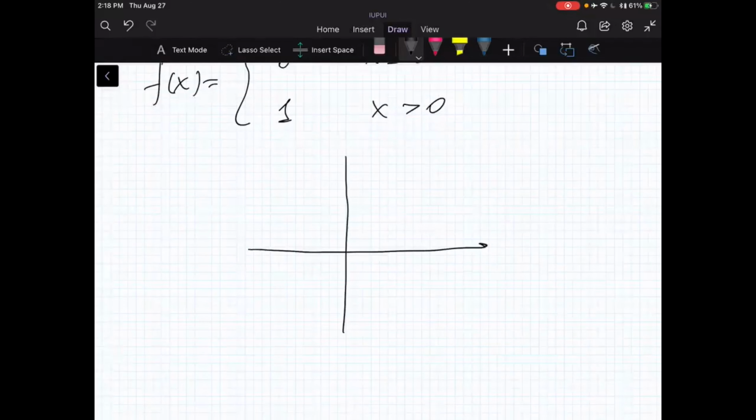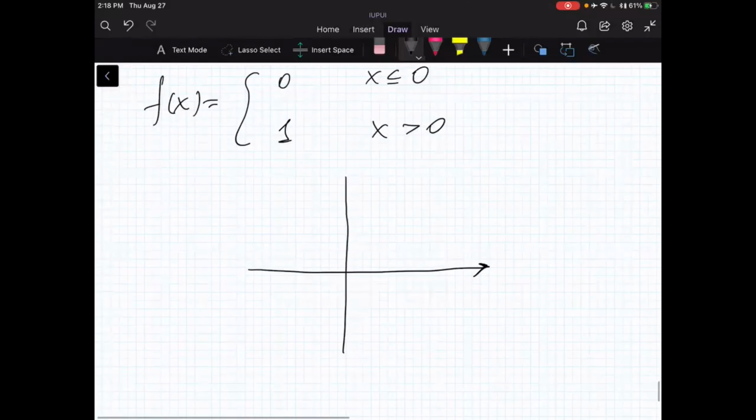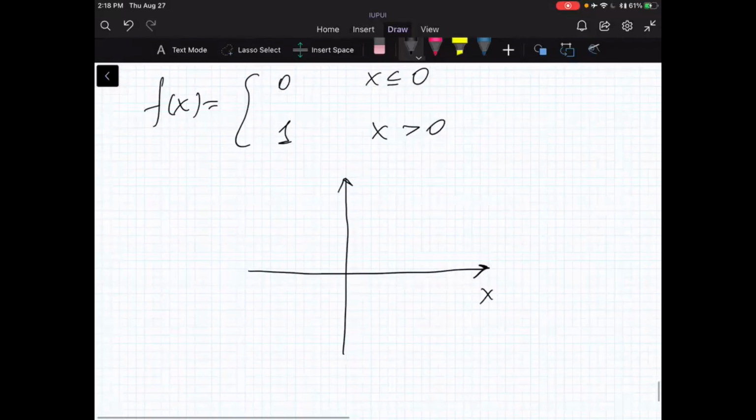And so if we graph this function, it will look like this. Our x, our y. So it's 0 here, including 0, and then it's 1, excluding 0 after that.